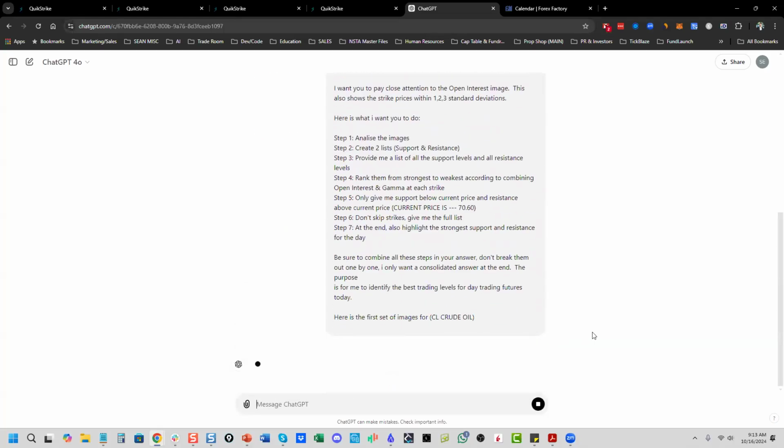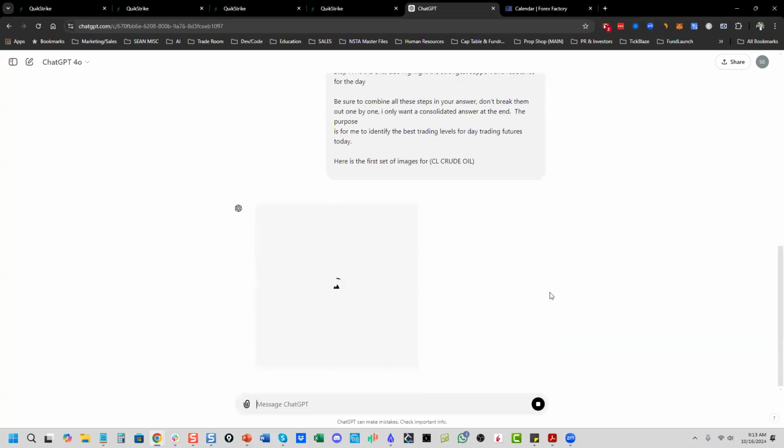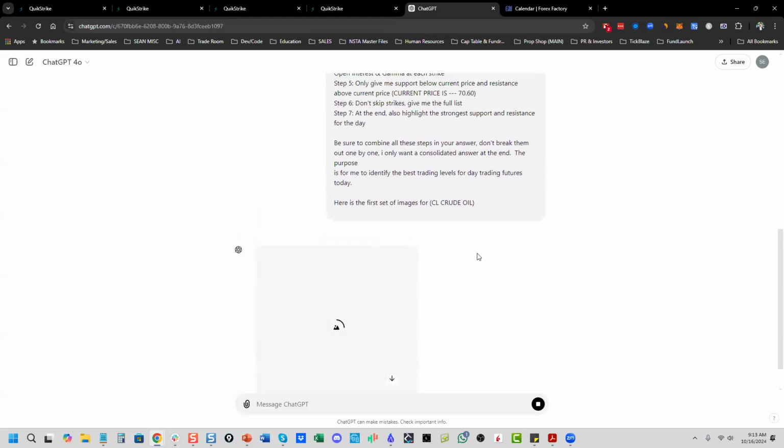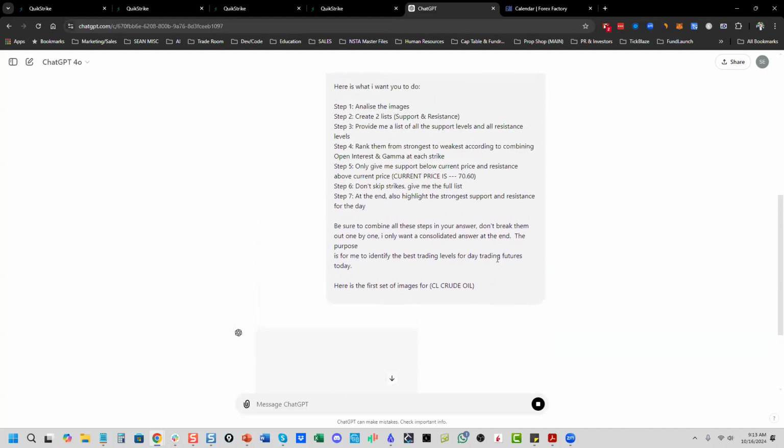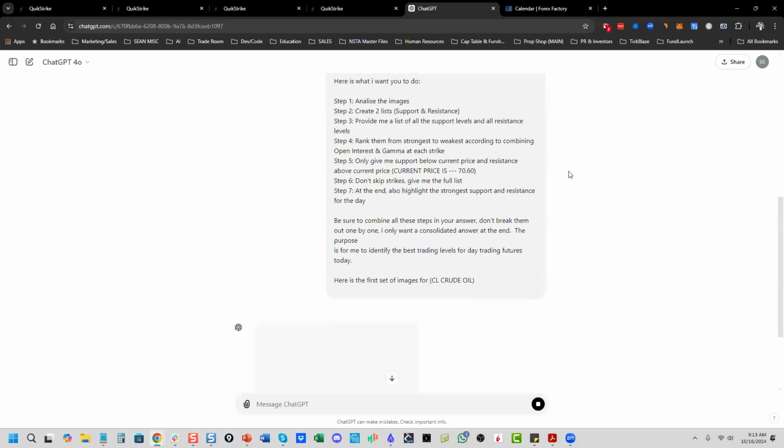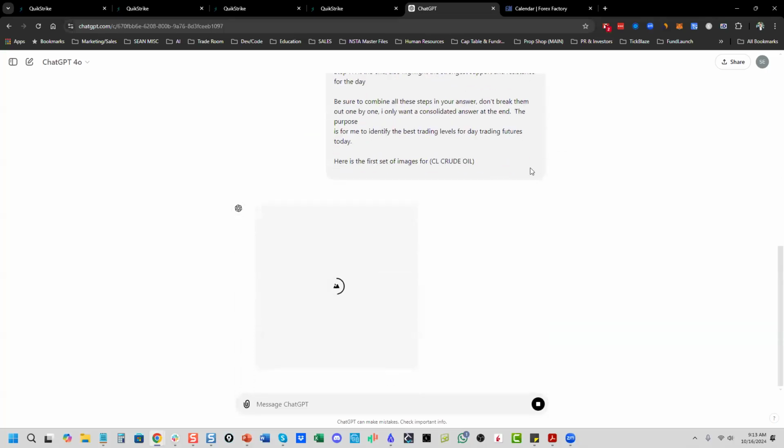So it's going to analyze the information. I'm asking ChatGPT. I don't know if it's trying to give me an image here or not, but it looks like it's giving me an image.